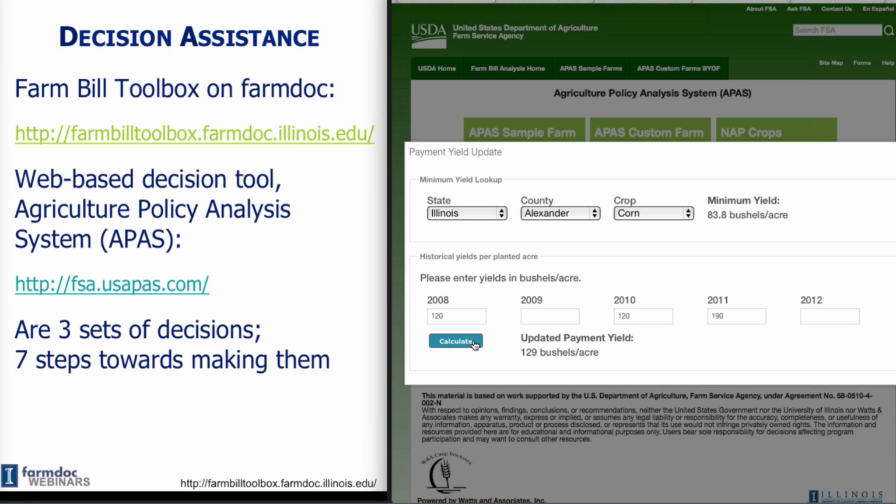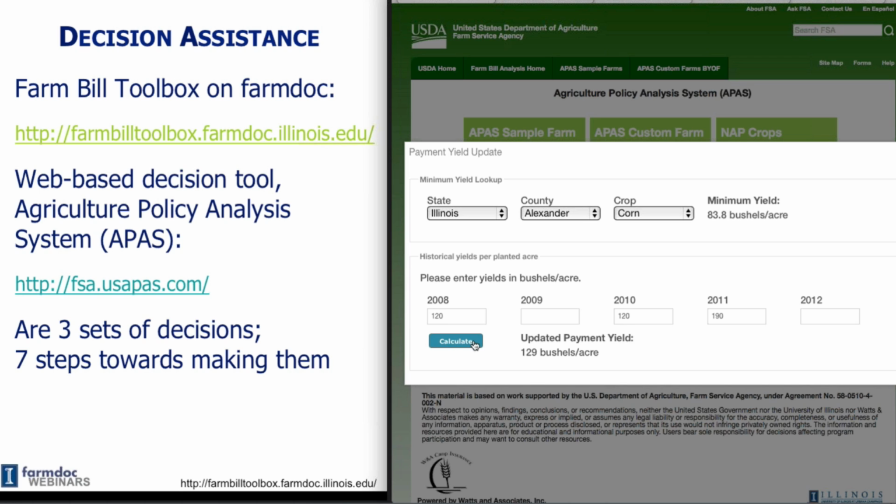ARC versus PLC, what information will be available by the March 31st deadline? So we should have at least the first September, October, November, January, February prices. So the first 5 months in that marketing year, or first 6 months in the marketing year of prices. So we'll have a better idea of what the 2014 marketing year average price will be. That'll be important for PLC and both county and individual ARC.